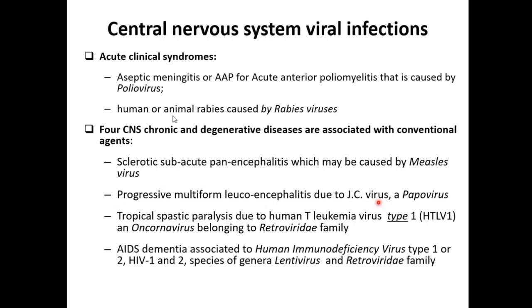For example, JC virus and papovaviruses cause progressive multifocal leukoencephalitis. And all these, AIDS dementia, all these chronic degenerative conditions, are a very serious problem to the host, and are caused by a diverse number of viruses.